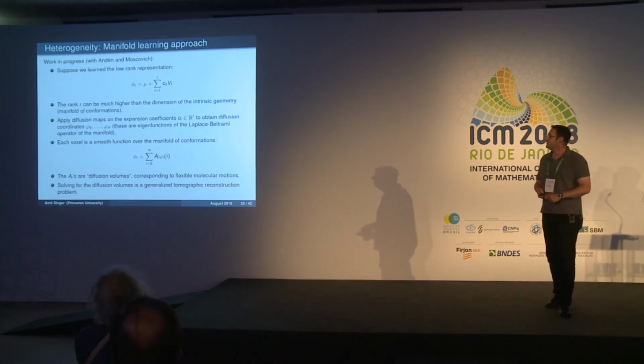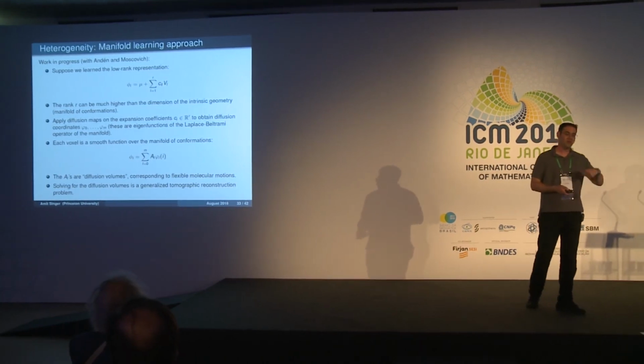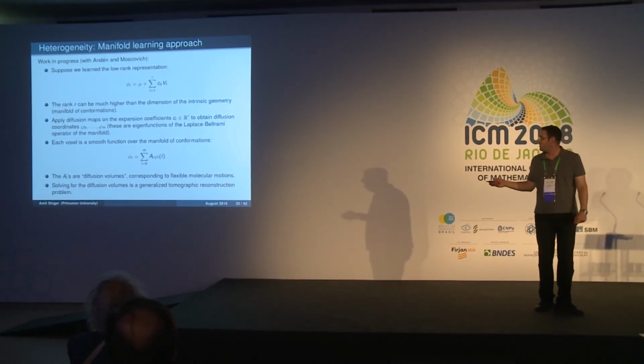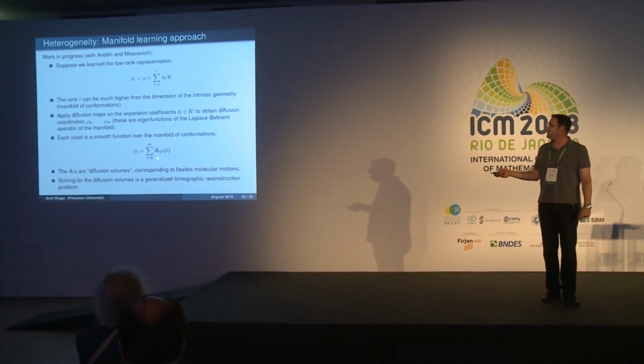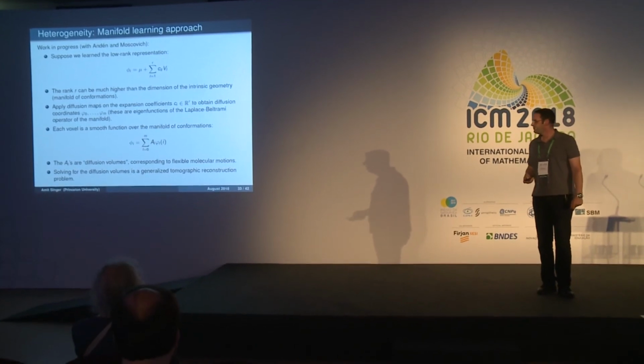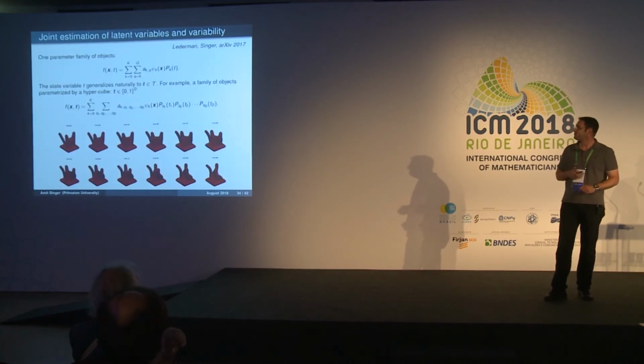And because you assume that the 3D structures are actually smooth functions over the manifold, you can then expand them in those harmonics, if you wish, or in the eigenfunctions or the diffusion map coordinates. And this also works quite well. I'll show you data and movies shortly.